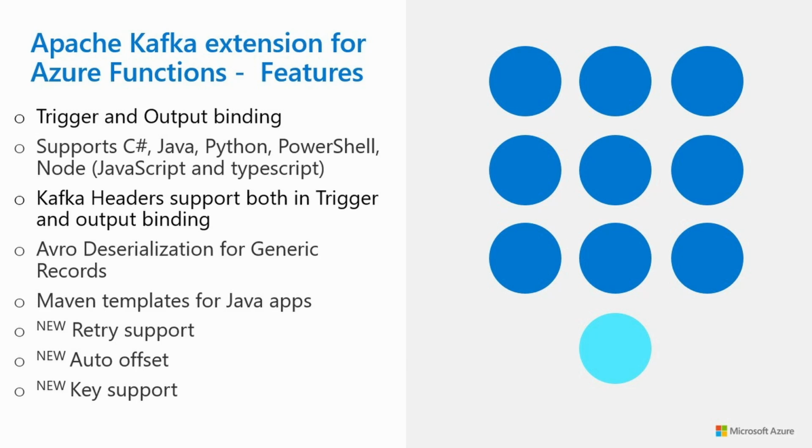You can now create Azure Functions trigger or output binding code using the Azure Functions Kafka extension. Both trigger and output binding can be written in .NET, Java, Python, PowerShell, JavaScript, or TypeScript. As you can see, there are several languages that you can write the trigger or the output binding in using the extension.